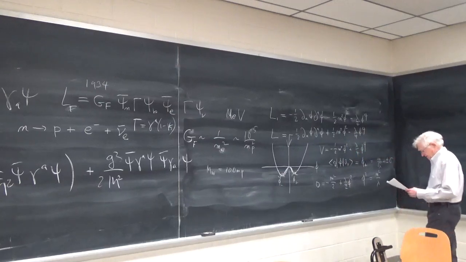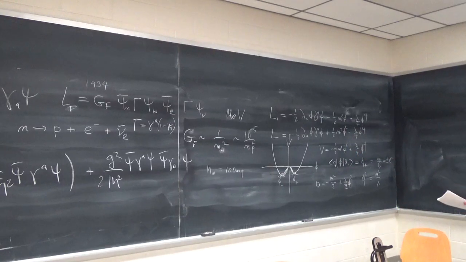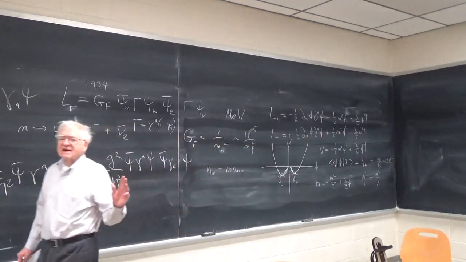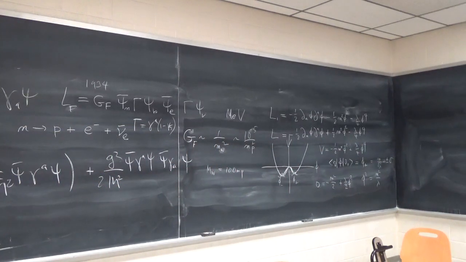That's the way I think of it. So there's no inherent uniqueness to the vacuum here, like there would be in quantum mechanics. That's what I think. Now this is a subtle issue.